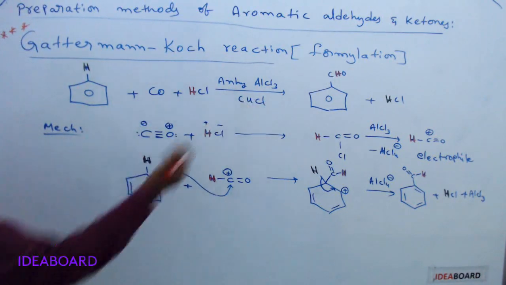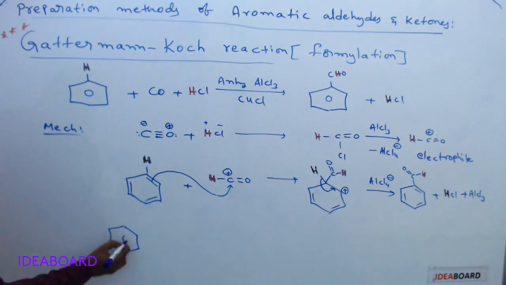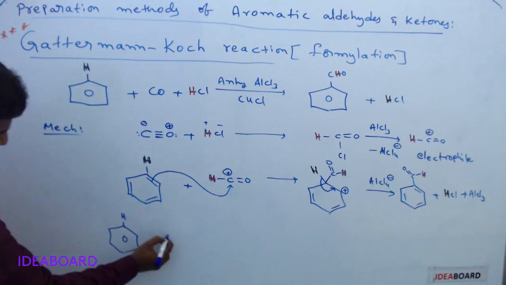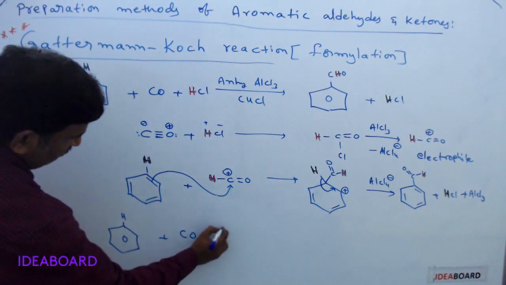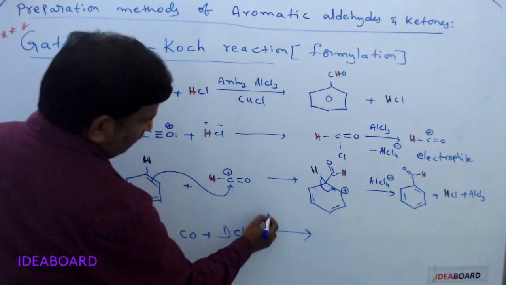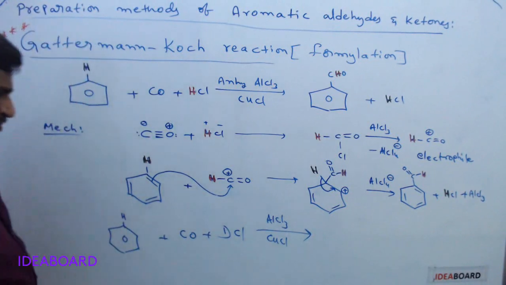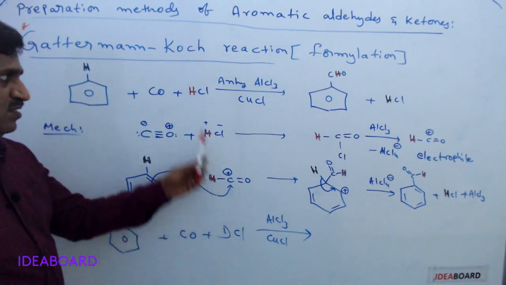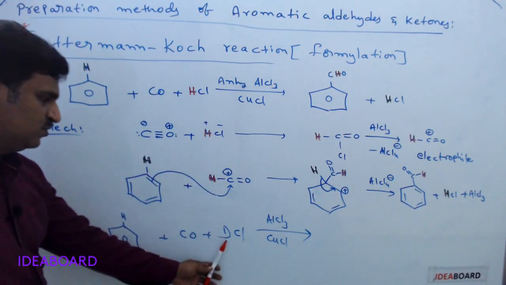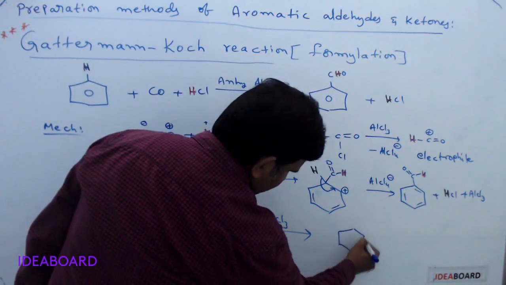Or you can easily observe this by taking another reaction, an isotopic reaction. Suppose we take CO plus deuterium chloride DCl in the presence of AlCl3 and CuCl. Here hydrochloric acid is replaced with deuterochloric acid. Then what is the product?